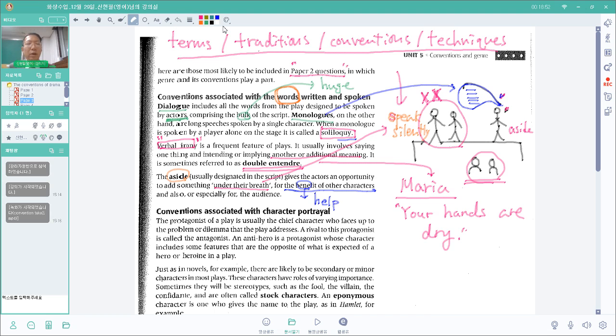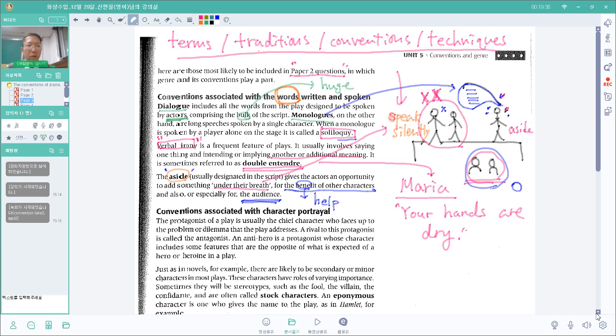So this one actor can make an aside from the help of other characters. That's what the benefit of the other characters means. And also especially for the audience, in order to help the audience understand what really goes on, the audience can hear the aside, but the others cannot hear. That's an aside.